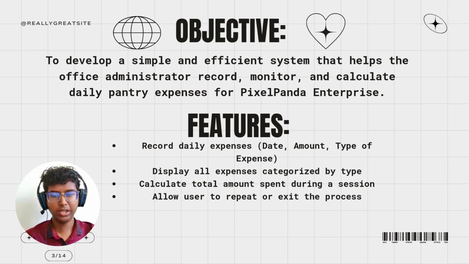Some key features include recording daily expenses with details like date, amount, and category, displaying all expenses categorized by type, and calculating the total amount spent in a single session. And finally, giving the user an option to repeat the process or exit. Overall, this expense tracker helps Pixel Panda Enterprise manage its budget more efficiently and keep daily spending under control.